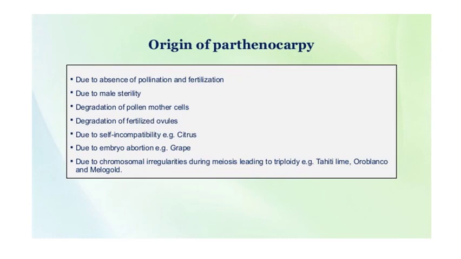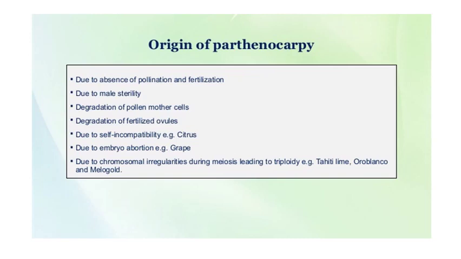Origin of parthenocarpy. Parthenocarpy originates due to absence of pollination and fertilization. It also originates due to male sterility, due to degradation of pollen mother cells.